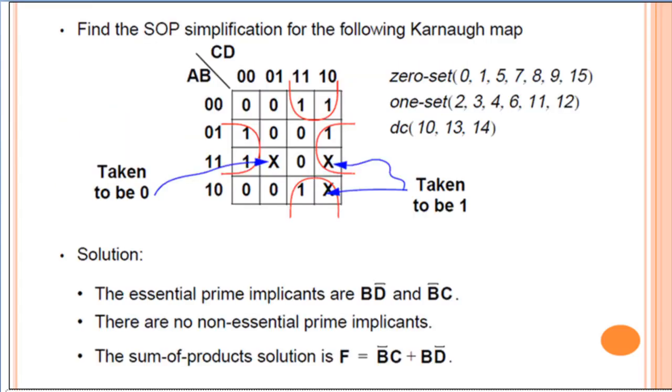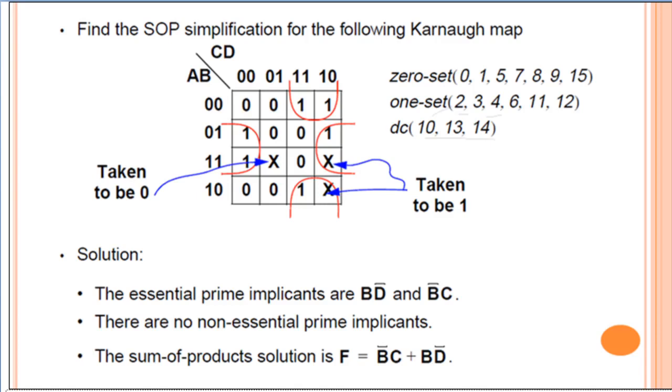This is an example for the don't care. In that particular example, we have the min terms 2, 3, 4, 6, 11 and 12. We have also been given the don't care conditions, that means 10, 13 and 14. These min terms are the don't care.